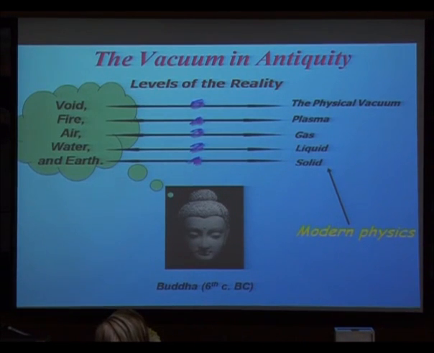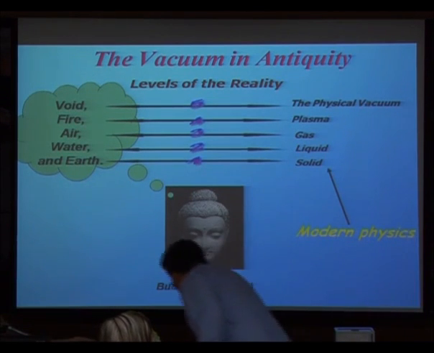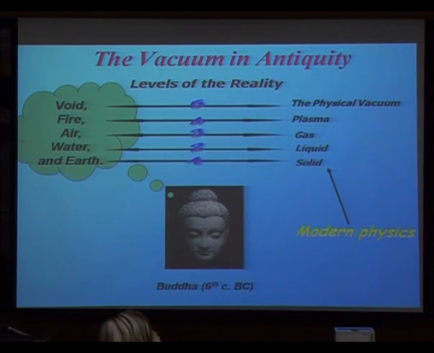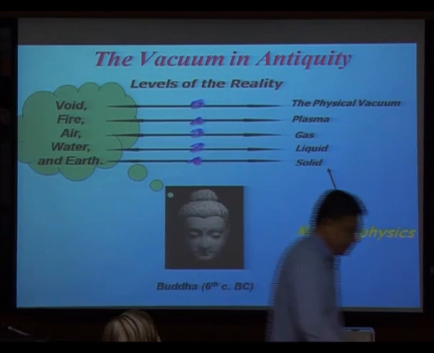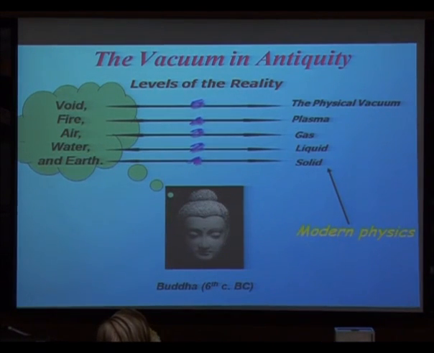To Buddha's levels correspond in modern physics solid, liquid, gas, plasma, and physical vacuum. In the universities we study 4 levels of reality: solid, liquid, gas, and plasma. But physical vacuum is the initial state of all physical objects.